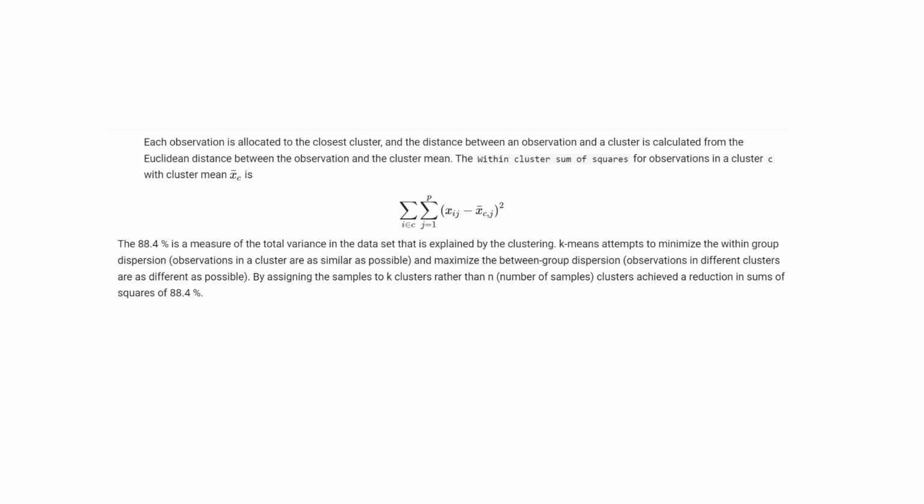The k-means approach attempts to minimize the within group dispersion and maximize the between group dispersion. By assigning the samples to k clusters rather than n, the clusters have achieved a reduction in sum of squares of 88.4%. But the question is how to get this optimal value of k.